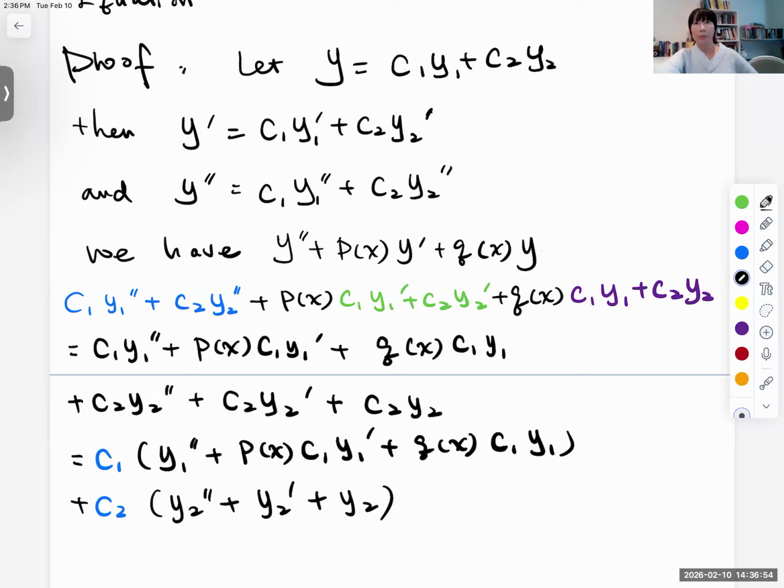Okay, looks like I'm missing something. Let me check. Okay, so I made a mistake there. Sorry about that. We have a p of x times y prime, so when we plug in, it must be p of x times the whole thing, and also q of x times the whole thing, right?